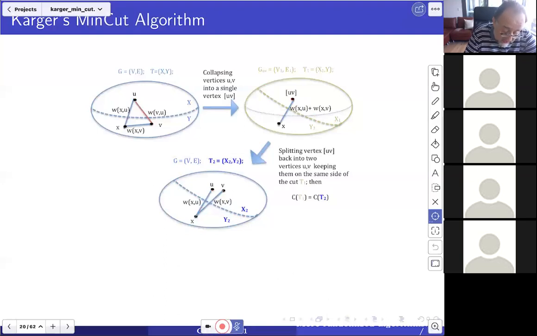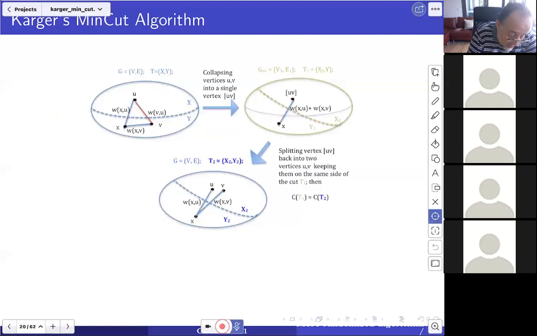So for every cut in the collapsed graph, there exists a cut in the original graph of exactly the same capacity. So the total collection of all cuts in the original graph is larger than the collection of cuts in the collapsed graph. But if you have a larger set, right, the capacities here are a subset of all capacities here.